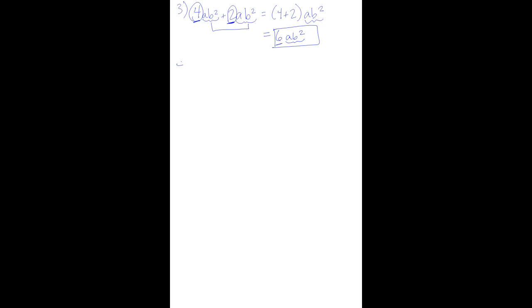Let's take a look at another example. pq squared minus p squared q. If I look at the variable part, this is pq squared. This is p squared q. pq squared is not equal to p squared q, right? This is really p times q times q.